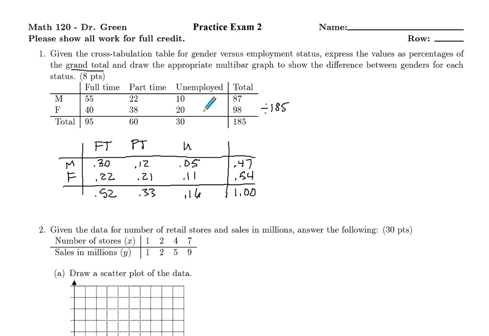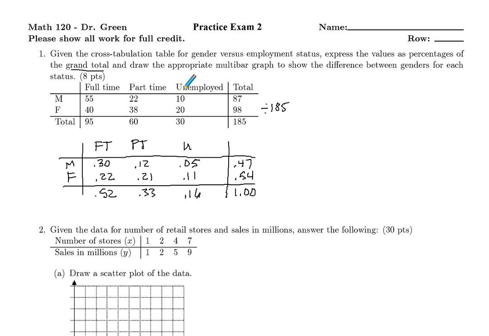But I could say, express the data in the table as a percentage of the total for each gender. Then I'm talking about row totals. If I said express the information in the table as a percentage of the total for employment status, then I'm saying column totals.